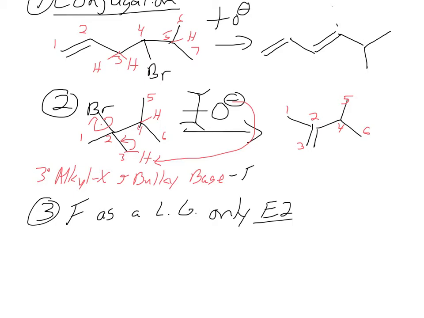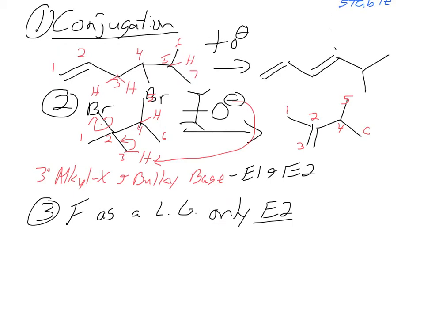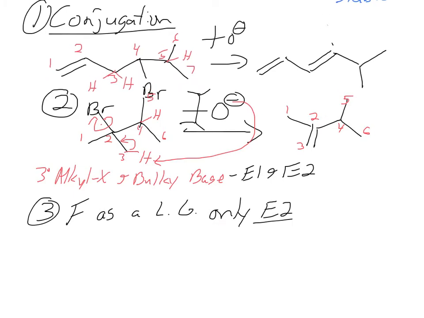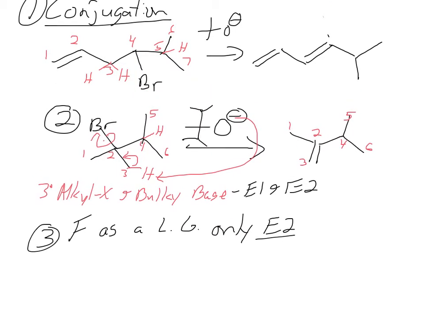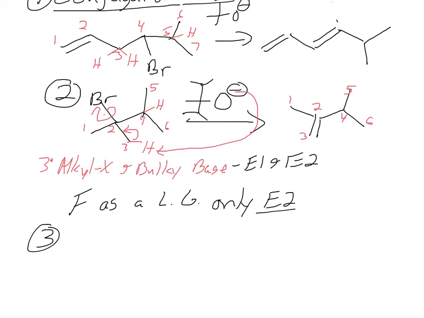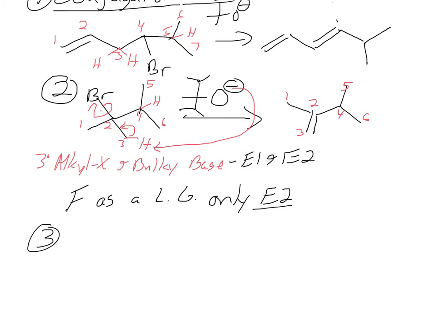If I grab this and pull everything down a little bit, this is also E1 and E2. E1 and E2 both want conjugated products. The bulkiness matters also for E1 and E2. But now fluorine's a little different. This is just really talking about E2 in this case.